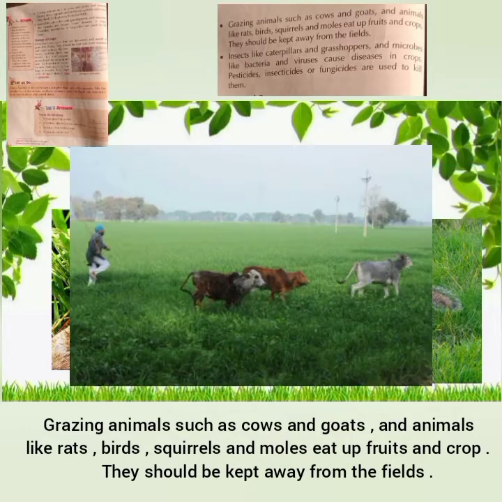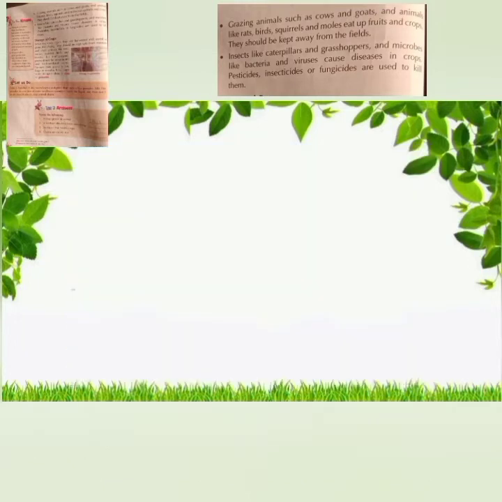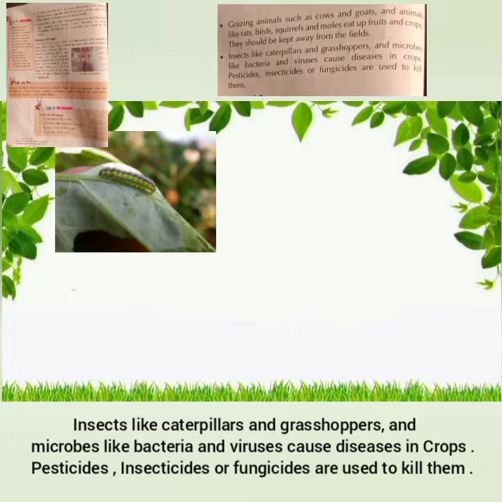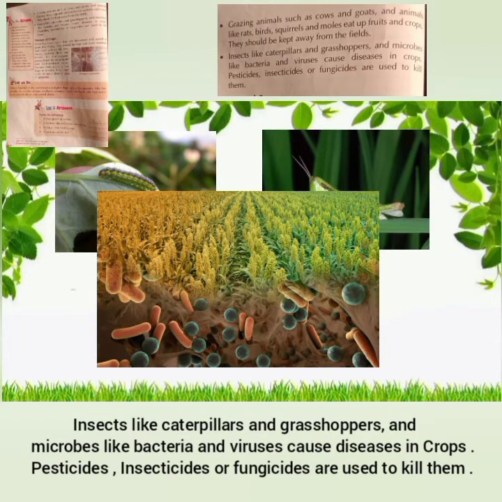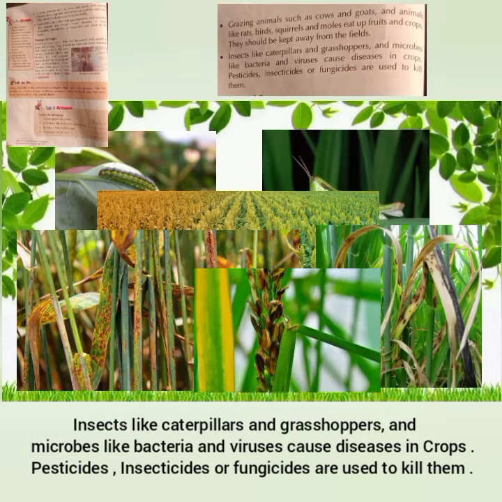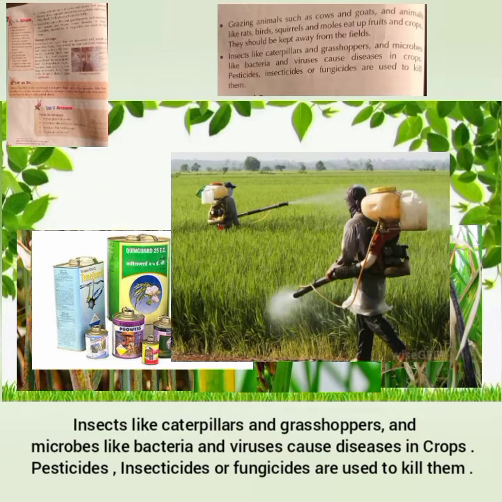They should be kept away from the field. Insects like caterpillars and grasshoppers and microbes like bacteria and viruses cause diseases in crops. Pesticides, insecticides, or fungicides are used to kill them.